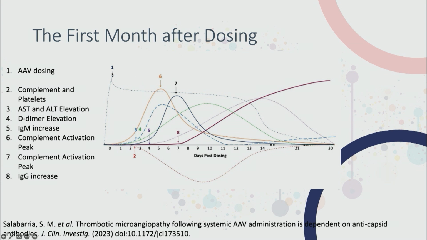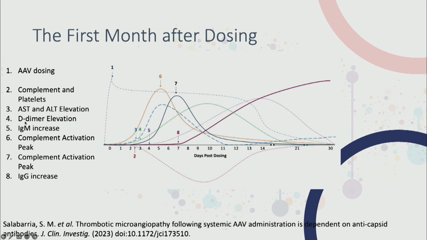So there's, I don't know if you can see that. Oh, good. Okay. So there's the initial dosing occurs here, and then you start to see the complement and platelets come down, right? There's an innate immune response that's occurring in this first 2 days. Now, their group believes that the platelets come down because IgM is starting to be produced in lymphoid organs.